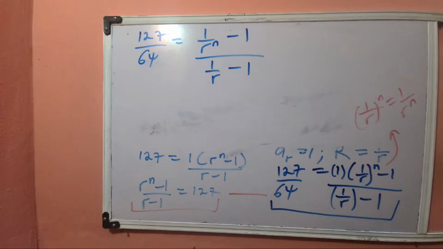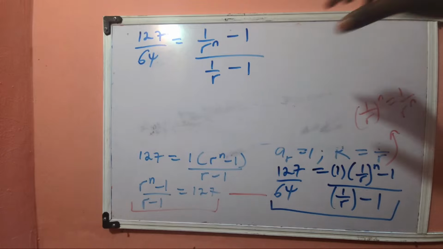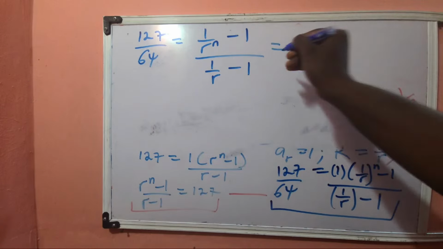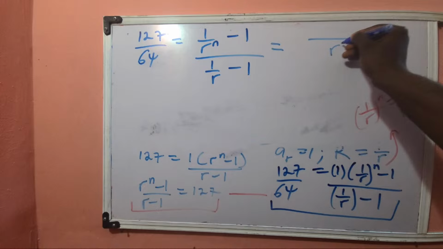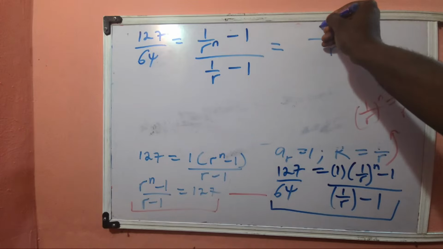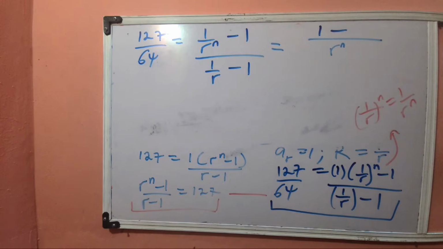So let's go on to find the LCM. I want to be solving for the right-hand side alone now. Let me try and solve for the LCM, and let's see what we're going to get there. The LCM of this will obviously be r raised to power n. And then we'll be having 1 minus r raised to power n.